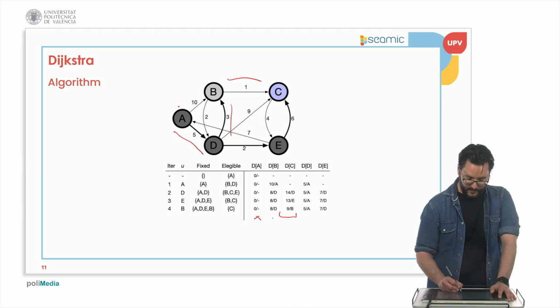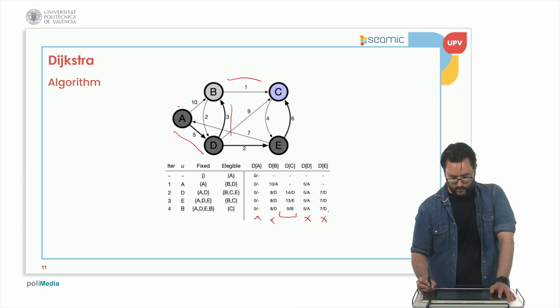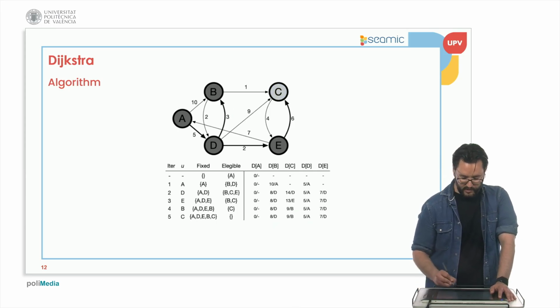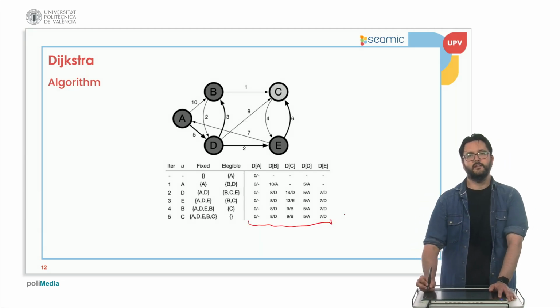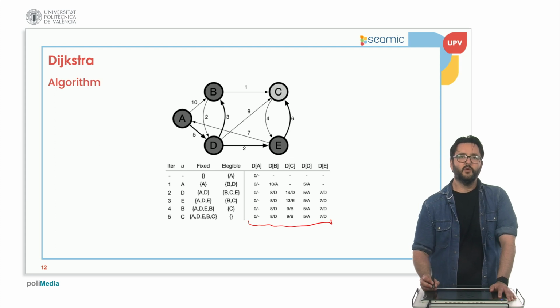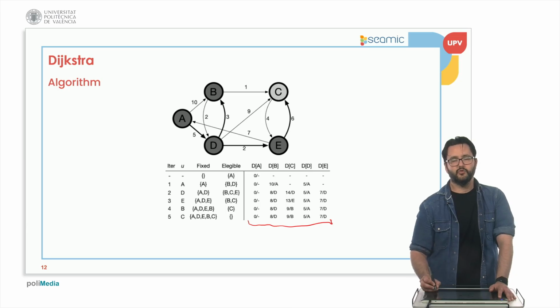Now we have A fixed, B fixed, D fixed, and E fixed, so the only pending node is C. We can include C, and we have here the final dist dictionary that will contain the minimum distances from A to each of the other nodes.